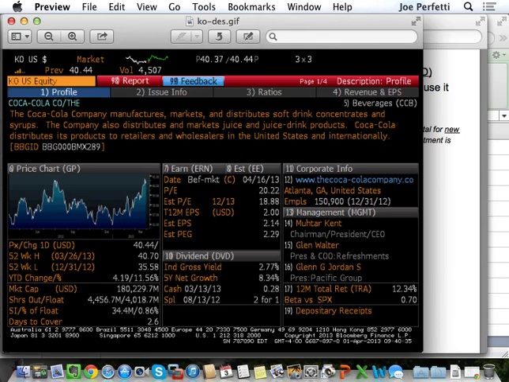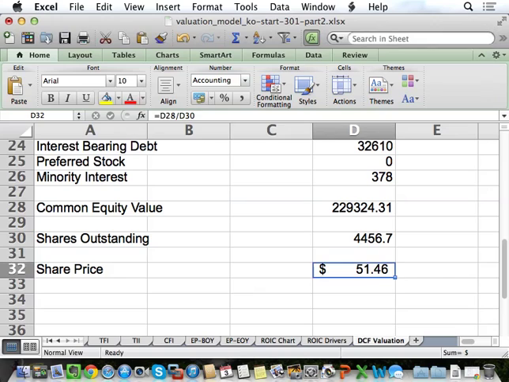Right? So we can actually think about this in terms of what the market is telling us. What the market has basically said is Coke is worth 40, we're coming up with a value a little over 51. So what the market says is that the assumptions that we're using are probably a little bit aggressive versus what the market's currently using in terms of its share price.